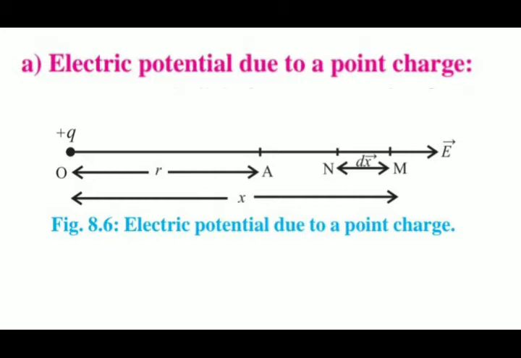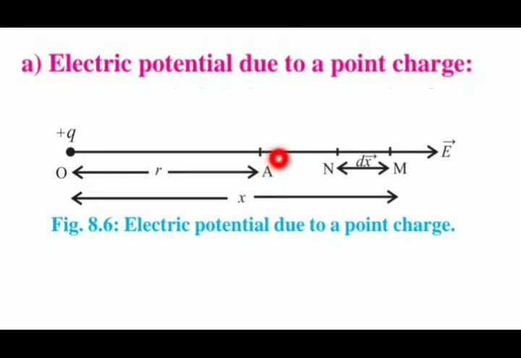So the amount of work done per unit positive charge which is displaced from infinity to this point A is called electric potential.